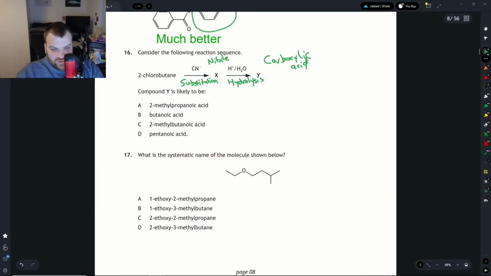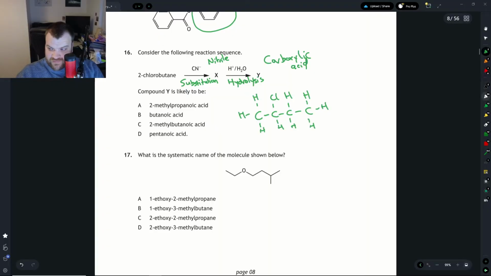Nope. Here we've got 4 carbons with a chlorine coming off of the second carbon. We're then going to undergo a substitution reaction. And that's going to put on our C triple bond N. That's then going to be replaced and turned into a C double bond O O H. Our longest chain of carbons, including the C double bond O O H, is going to be 4.